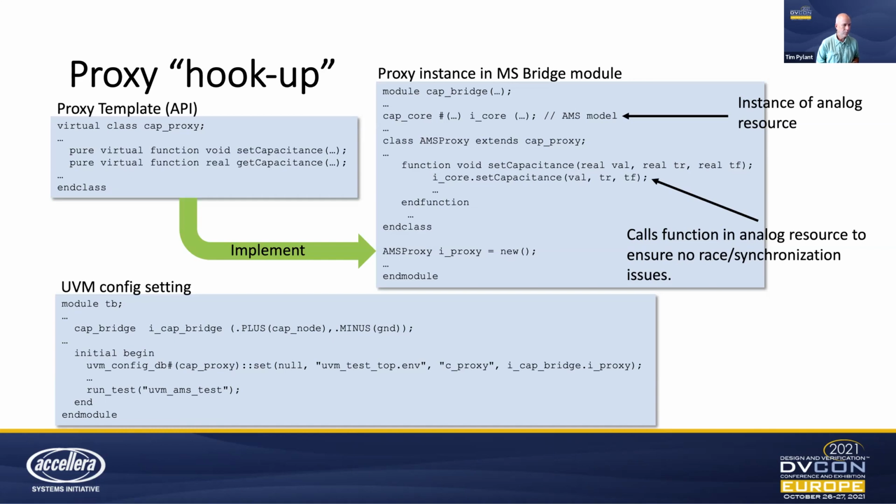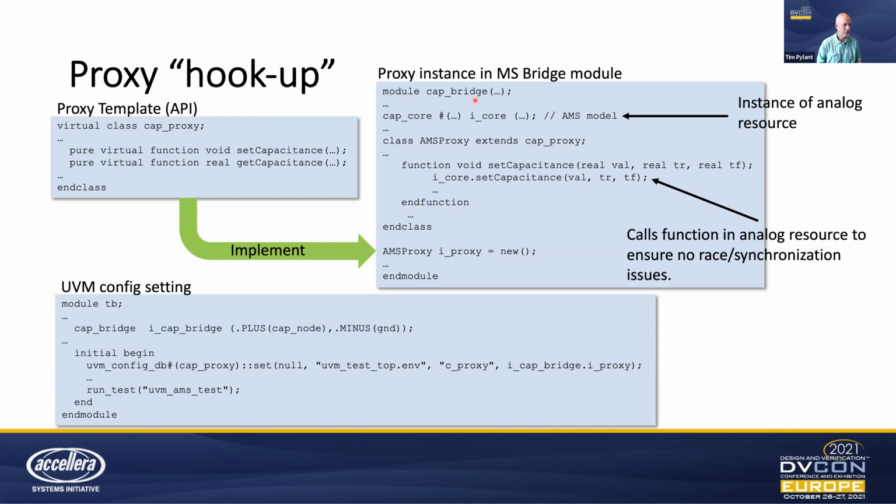And so in the bridge, you would extend that proxy, and fill out what exactly a set capacitance does and how that responds. You would also, let me get a pointer here, you would instantiate the actual core. This is your analog resource. And then you would construct the proxy within the CAP bridge.